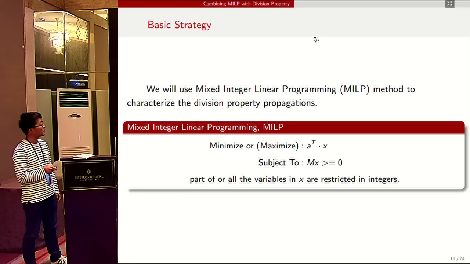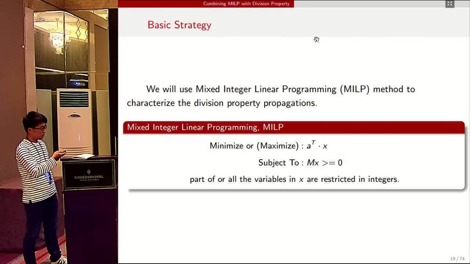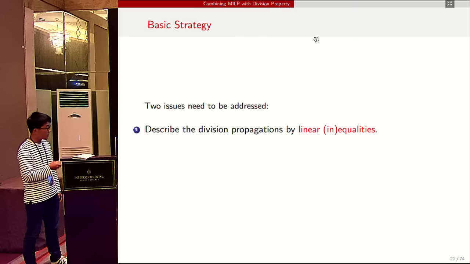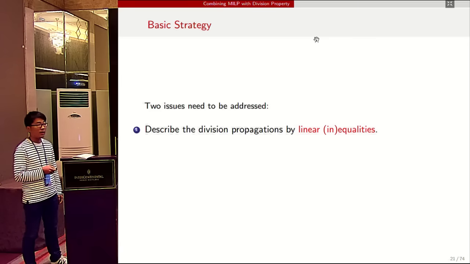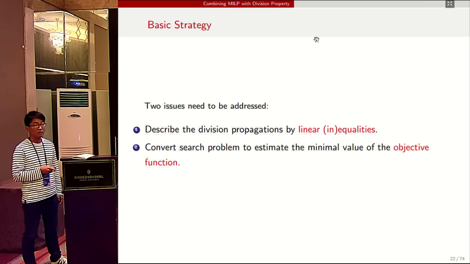A part of all the variables in x are restricted to integers. So in order to complete this conversion, we need to address two issues. The first one is to describe the division property propagations by linear inequalities. The second one is to convert such a problem to estimate the minimum value of the objective function.